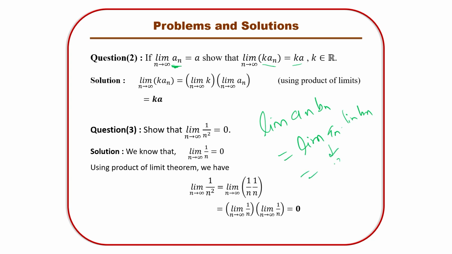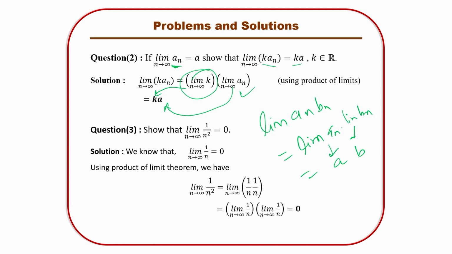If limit a_n is a and limit b_n is b, then the limit is ab. I am going to use this one. So for k into a_n, it is limit k into limit a_n. Limit k: k is just a constant number, so we can treat it as a constant sequence. Henceforth its limit is k, and limit a_n is given as a. So the answer is k into a.